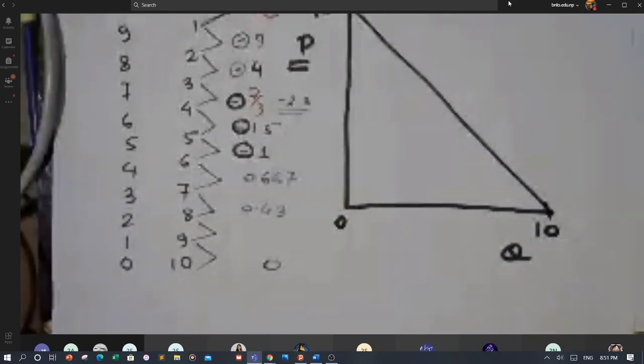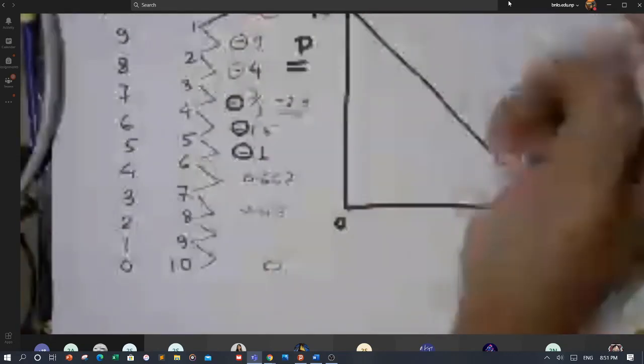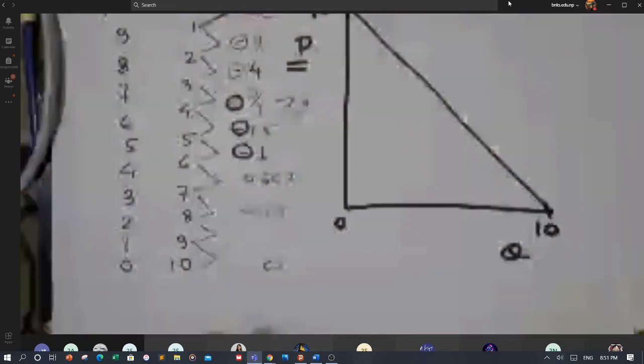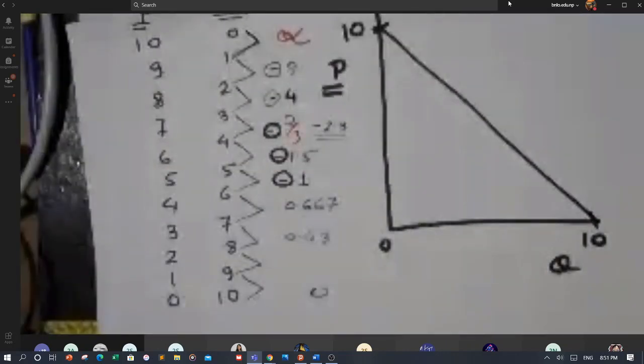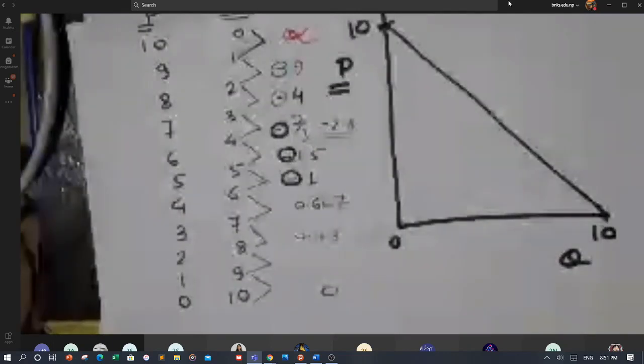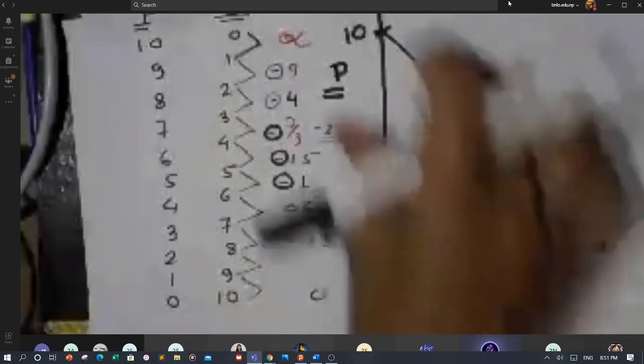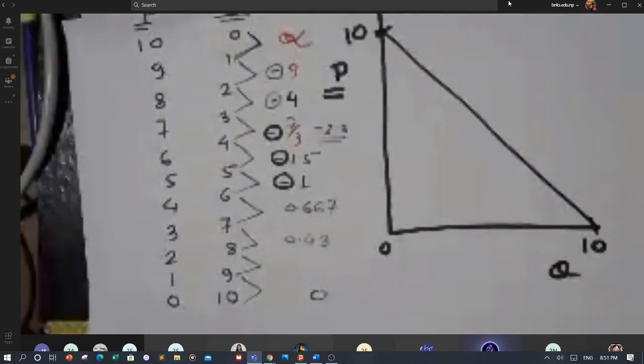If you plot this table on the graph, you'll create this type of curve. Do you agree with this? Yes, sir. So this type of curve. Now we are going to check what type of elasticity it has.